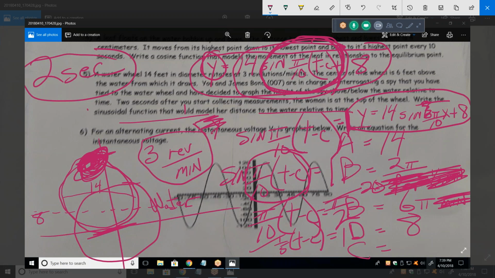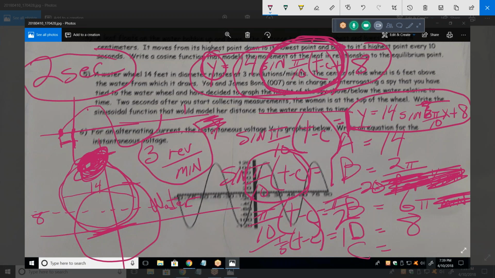In other words, we haven't really encountered a problem yet where the phase shift is not 0. Okay. A phase shift of something other than 0 would be like that. Notice that does not start at the origin. It starts right there. So the phase shift would be negative, whatever that distance is.